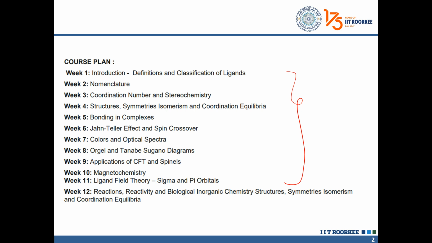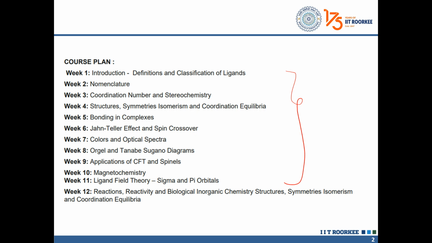Then the activities and some biological inorganic chemistry structures, because they contain metal, and metal is very responsible for the activity of these biological structures. Like in hemoglobin and myoglobin, you have different amino acids, and in oxygen transfer, hemoglobin is involved.